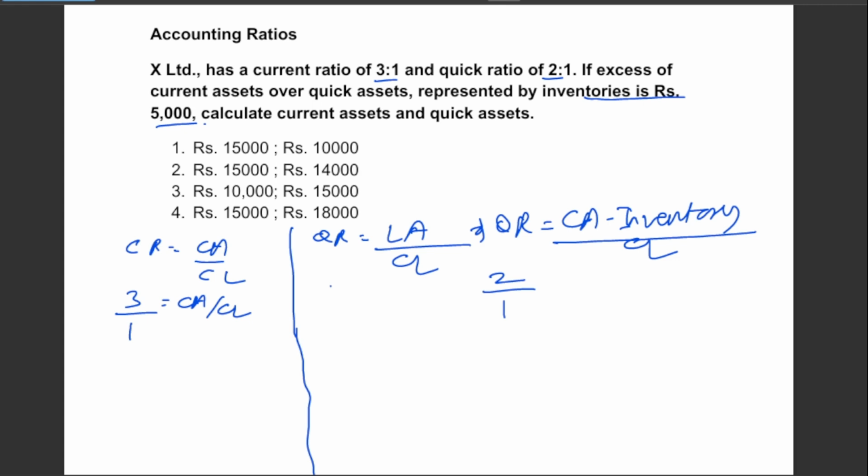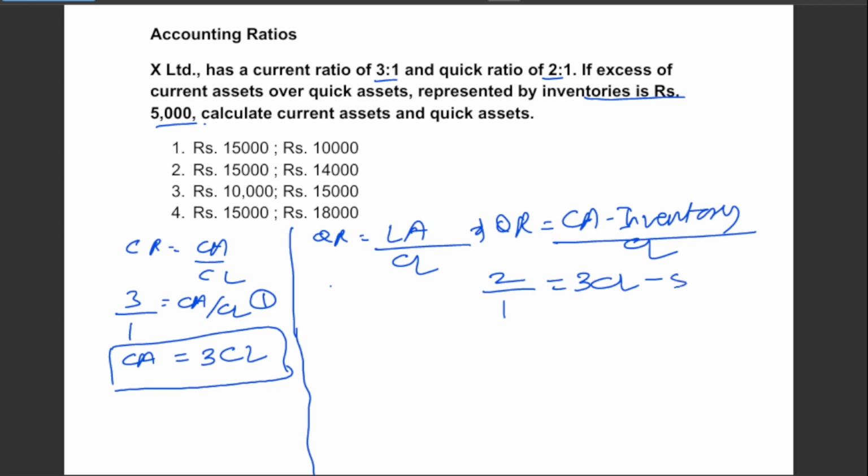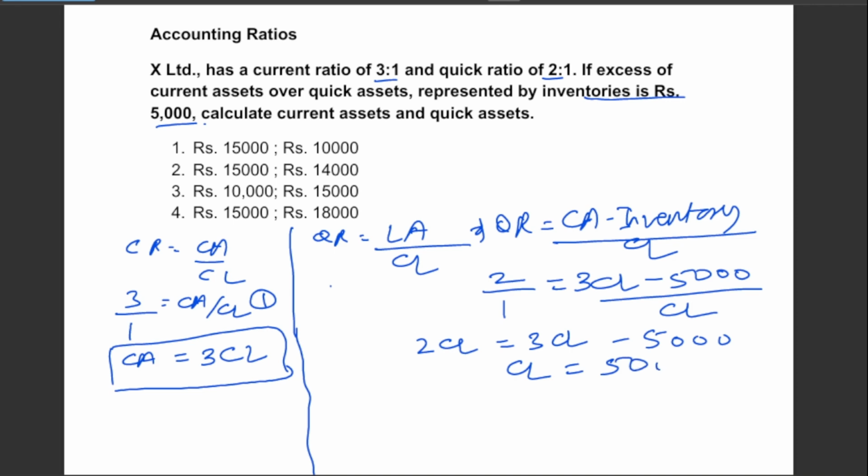So from equation 1 we can say current asset is equal to 3 times current liability, and we'll transfer this value in quick ratio formula. 3CL minus inventory, which is given in the question 5,000, divided by CL. We'll cross multiply and get 2CL is equal to 3CL minus 5,000. On solving, we get current liability is equal to 5,000.